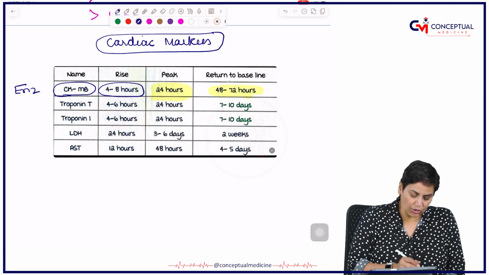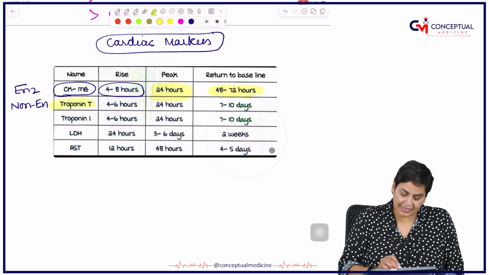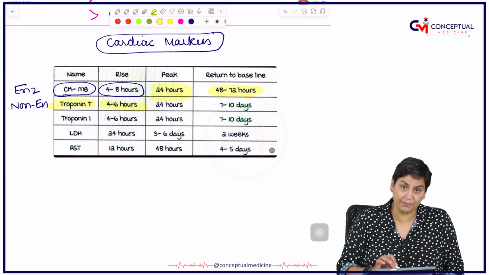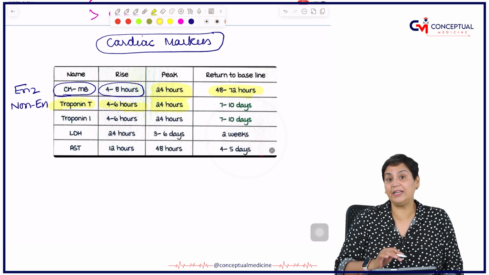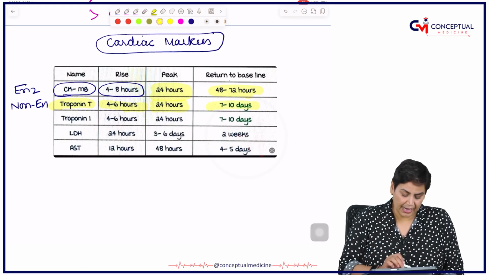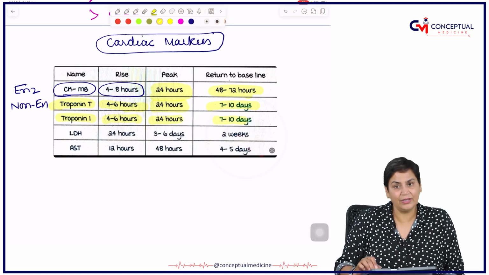And if we talk about the non-enzymatic markers, it is troponin T, which rises, again an earliest indicator, 4 to 6 hours, much before than CPK, attains a peak value same as CPK, 24 hours, but it takes around 7 to 10 days to come back to normal. Again, troponin I, 4 to 6 hours, 24 hours, 7 to 10 days.